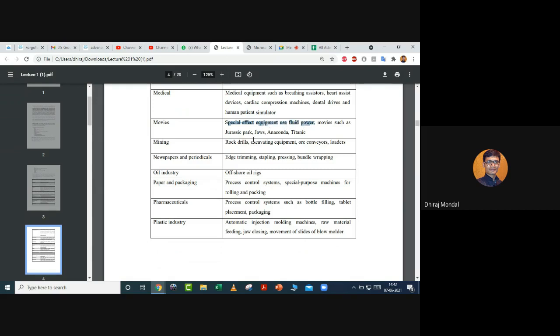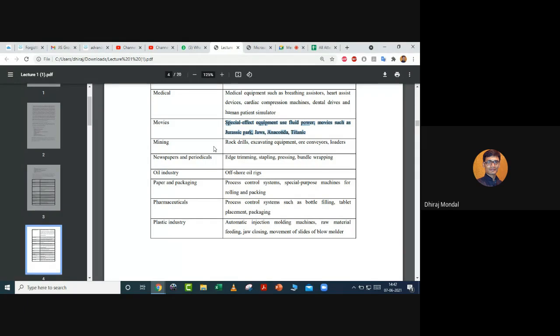In your home you can also see, when a door is opening with the help of a fluid pneumatic system, some resistance is created. Movies such as Jurassic Park, Jaws, Anaconda, Titanic. All this is basically an application of fluid power systems.